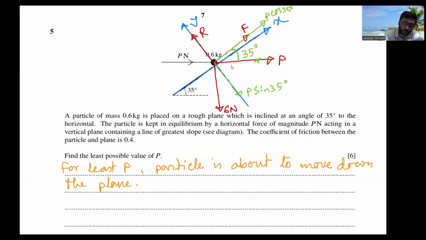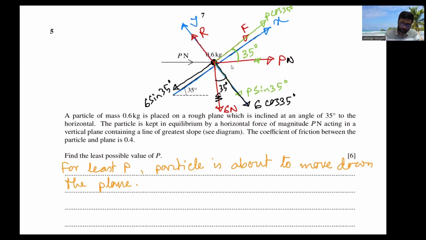To resolve the weight, the angle between the weight and the normal, that is the negative y-axis, is equal to 35 degrees. That's the angle the plane makes with the horizontal. If you resolve it, the y component of weight is 6 cos 35, and the x component is 6 sin 35. So we have resolved the P Newton force and the weight.